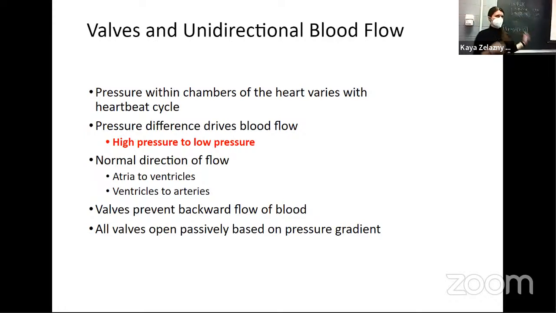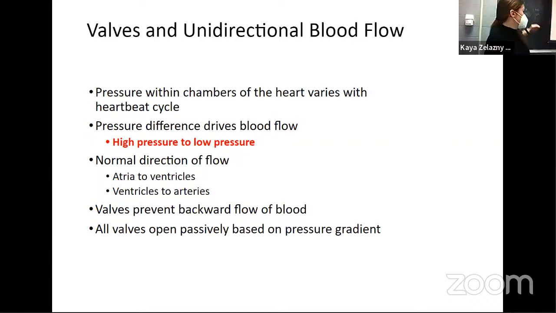The normal direction of flow is from the atrium to the ventricle, and from a ventricle to an artery. So right atrium to right ventricle to pulmonary arteries, left atrium to left ventricle to the aorta, which is an artery. The valves prevent us from going from the ventricle to the atrium, and we actually have some valves in the arteries as well that prevent blood from flowing from an artery into the ventricle.